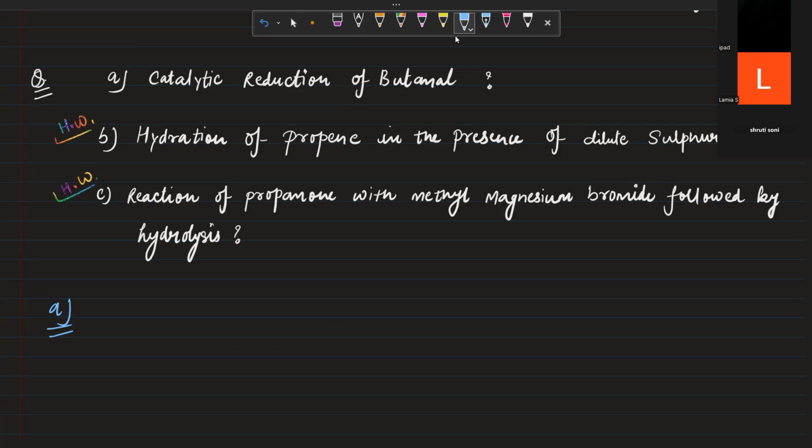Lithium... First, you tell me, what is catalytic reduction? Is it the one with palladium? Yeah, H2 palladium. And what is butanol? I think I wrote butanal. Is it a carbonyl? Yes. So for the carbonyl, is it a ketone or an aldehyde?